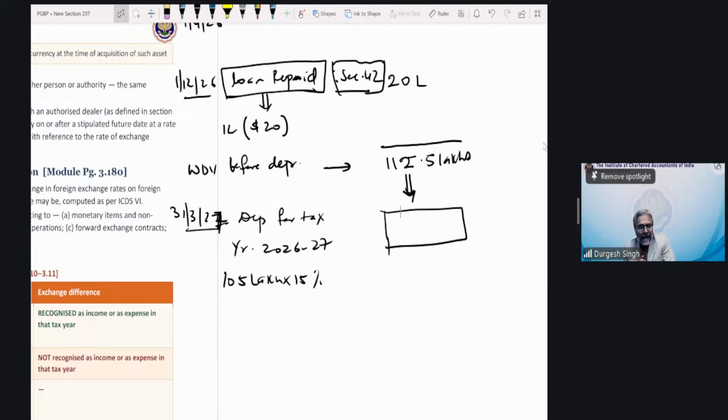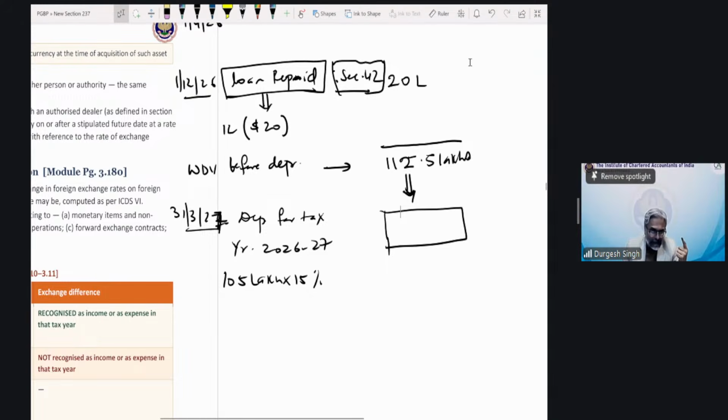Now when you go to the next year, it has become 140. So students, the spot rate was 100, and on the next year's payment date, the rate was 140. The difference now is 40. How much dollar has to be paid? 50,000 into 40. That would be 20 lakhs, added on 1st of December 2027. I hope that every one of you is now clear with this one.